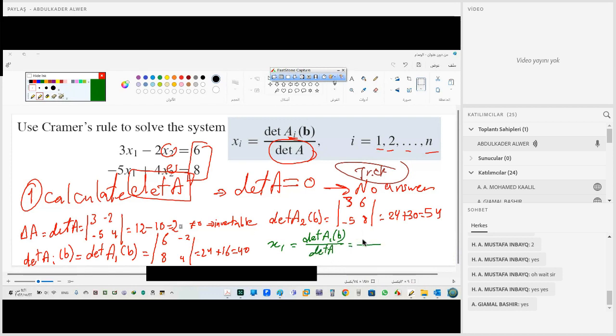It is 40 over 2, it's 20. x2 is det A2(b) over det A, 54 over 2, that means 27. That's the answer. How can we check? Take these numbers: 3 multiplied by 20 minus 2 multiplied by 27 equals 6. You calculate 60 minus 54. Yes, correct. Any question for this?